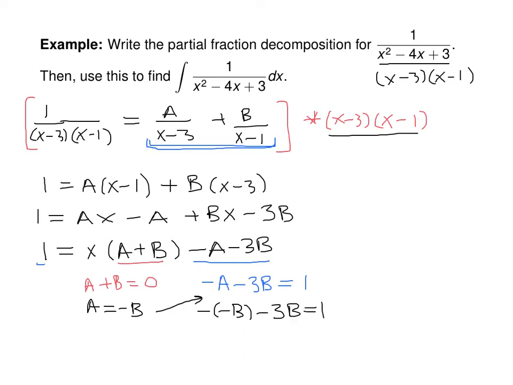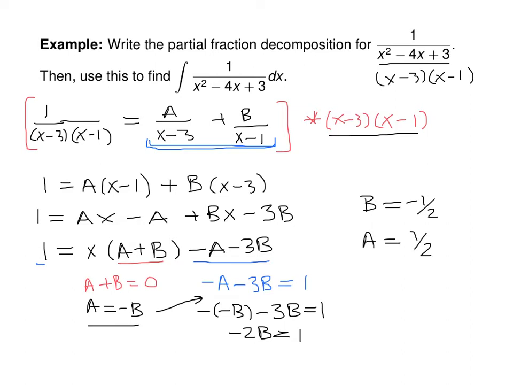So double negative b makes positive b, minus 3b is negative 2b equals 1. So we get that b is equal to negative 1/2. And because a equals negative b, a is equal to positive 1/2.